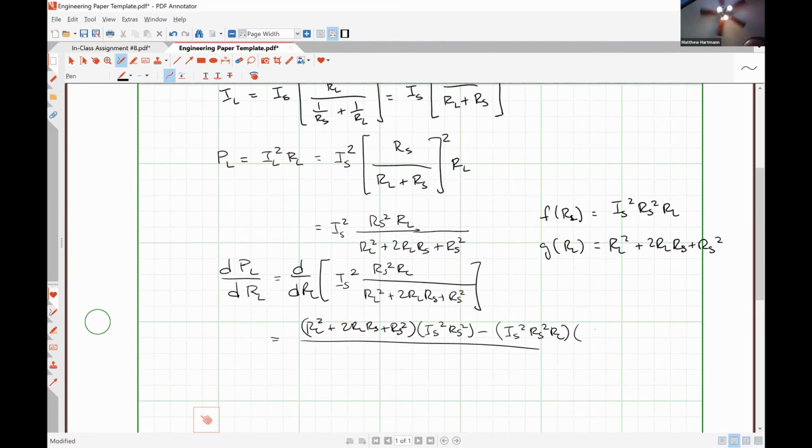So that's going to be twice RL plus twice RS, divided by g of x squared. So that's going to be RS plus RL to the fourth power.